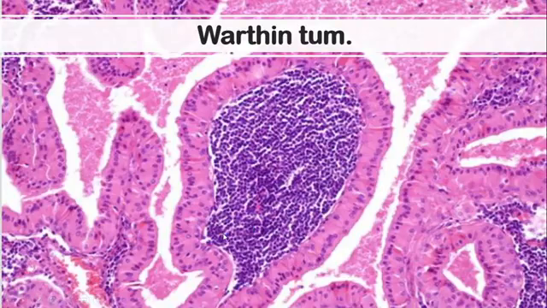A higher power shows you the papillae, the true papillary structures, and the cystic nature. This is the lumen of the cyst, and this is the serous fluid within the cyst. And here the projecting multiple papillae covered by bilayer of oncocytes, epithelial cells, or called Hurthle cells, with underlying central mature lymphoid tissue element.